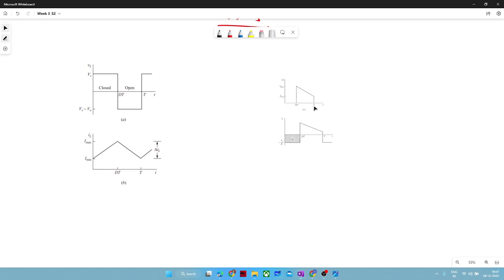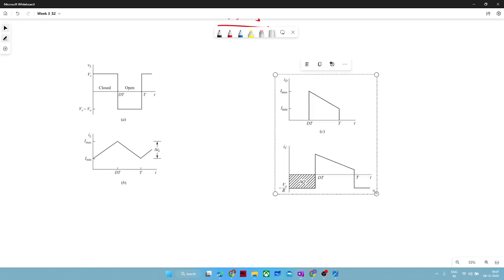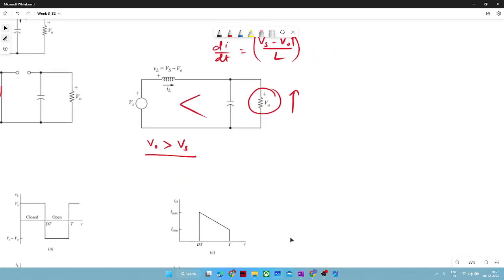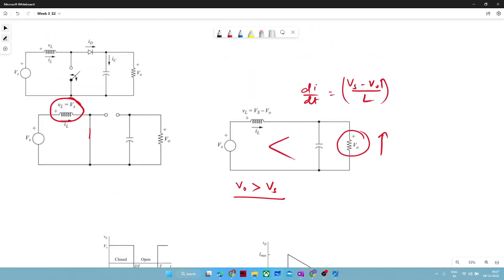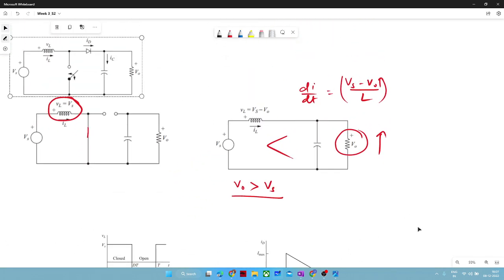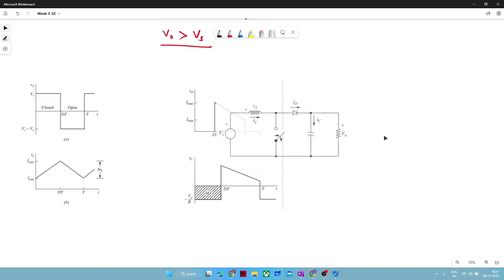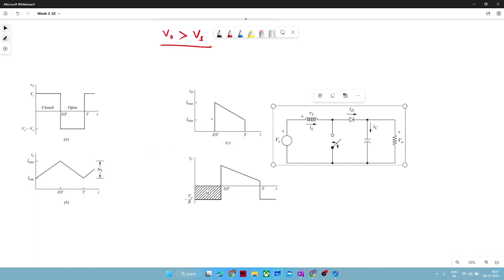After that, the important thing is how the diode and capacitor current will vary. If you observe the circuit carefully, you can see, let me bring it back here. The diode will conduct only when the switch is off, so from DT to T, this is the turn off period.